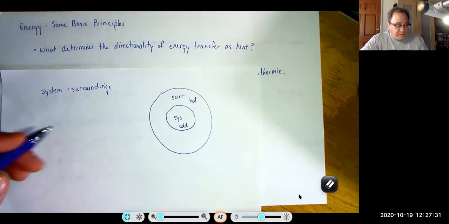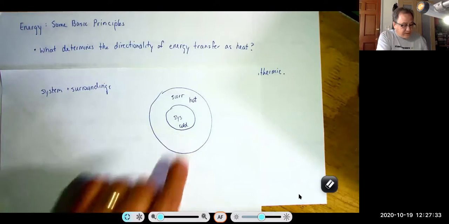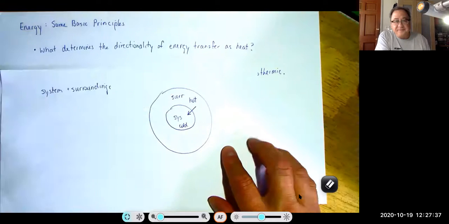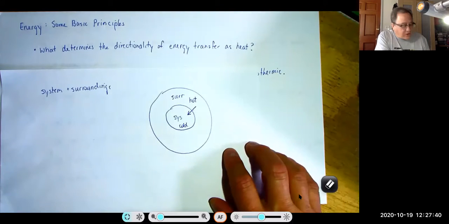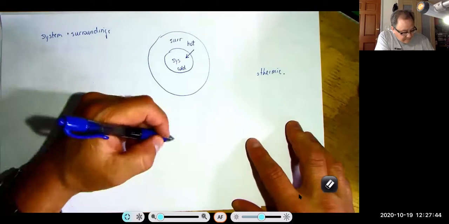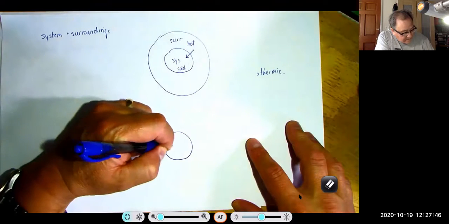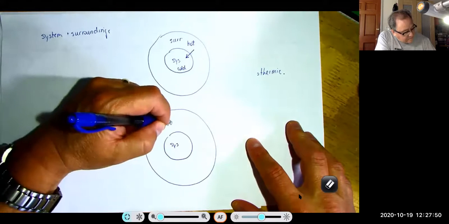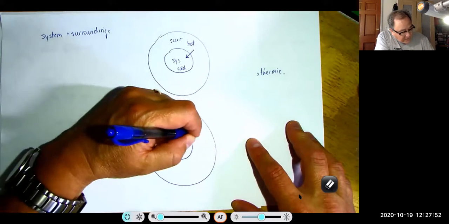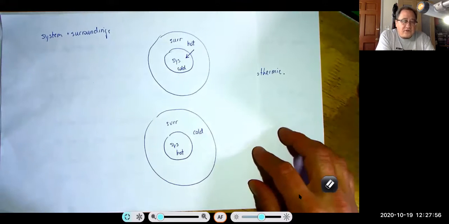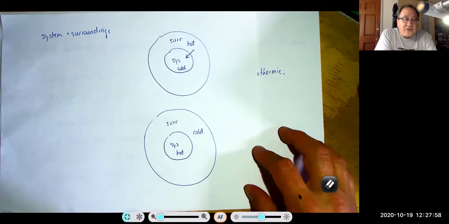And so all of you picked energy going into the system, and you're exactly right. What happens is energy flows from hot to cold. So if I drew something like this, and made this cold and this hot, which way would energy flow? So if you think energy would flow into the surroundings, go slower.